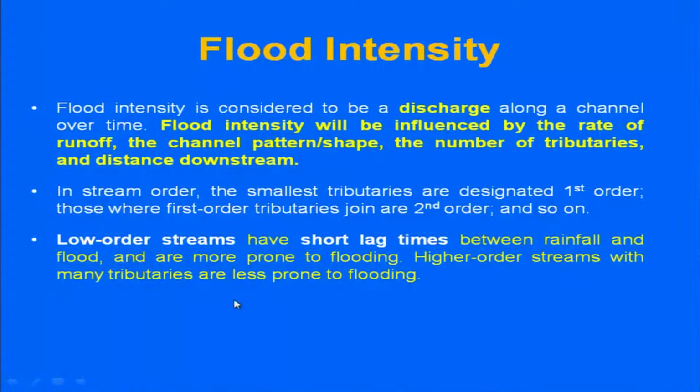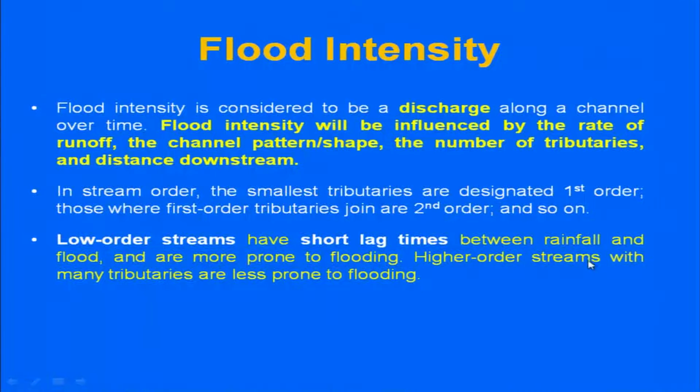This is important because it tells you whether the area will come into a flooding state faster or slower if there is heavy rainfall. Lower order streams are more prone to flooding.